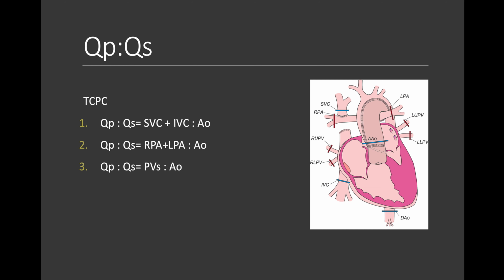Again, we could calculate the amount of any shunts or collaterals by subtracting the blood flowing through the superior vena cava and inferior vena cava from the blood coming back in the pulmonary veins. Or, because in many cases it is very difficult to plan the flow in the pulmonary veins, we could use another equation in order to calculate any collateral flows.